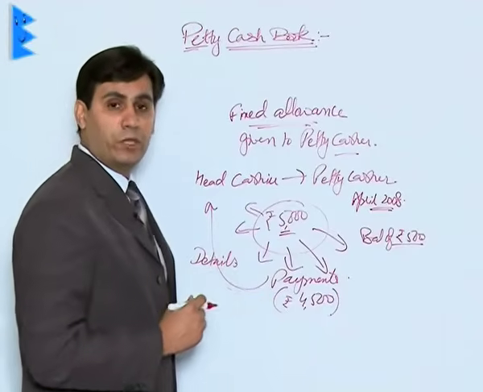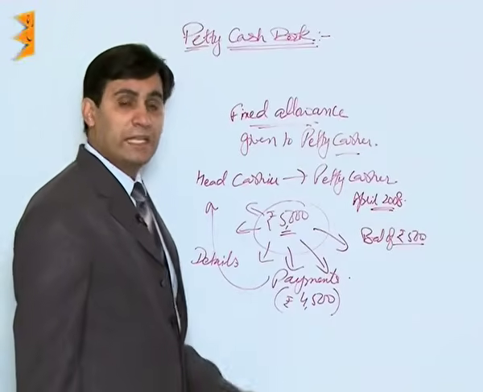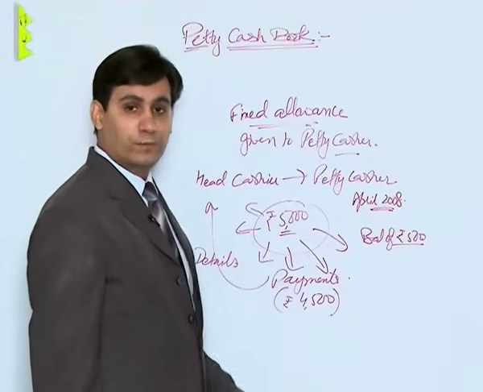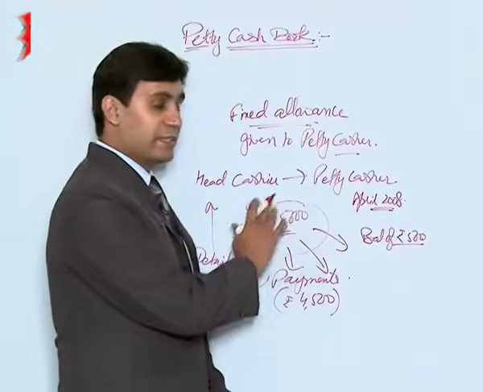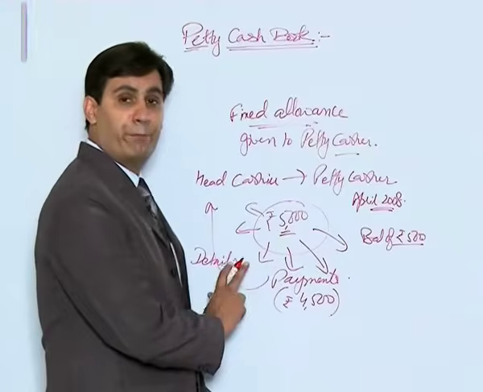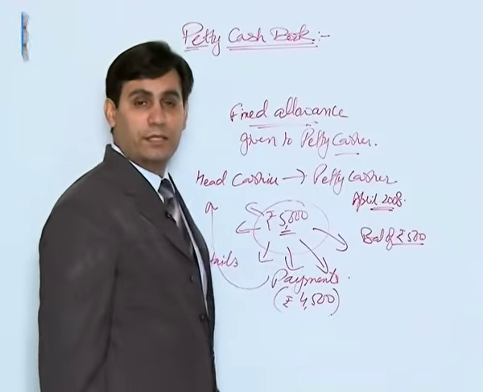So this is the concept of imprest system. That is, a fixed allowance is made to the petty cashier, who then makes all the expenses out of this amount. Now, a peculiar case. What if this amount is exhausted before the month? That's okay. He'll submit the details before the month is over and get the reimbursement that is required.